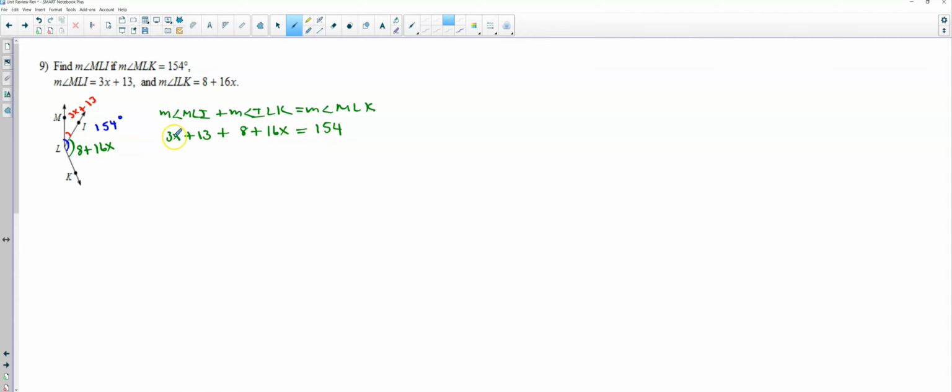So 16x plus 3x is 19x. Then you have 13 plus 8, that's 21, equals 154. Okay, so that means that 19x equals 154 minus 21.